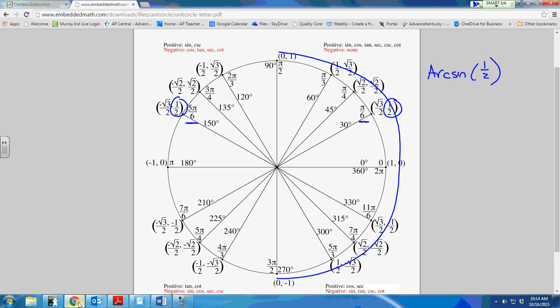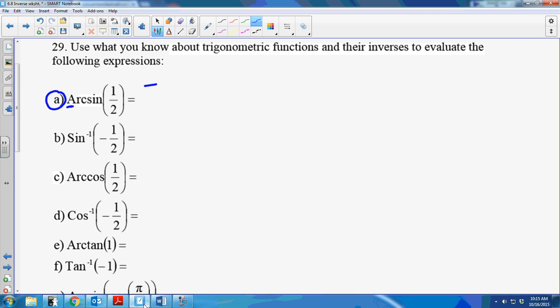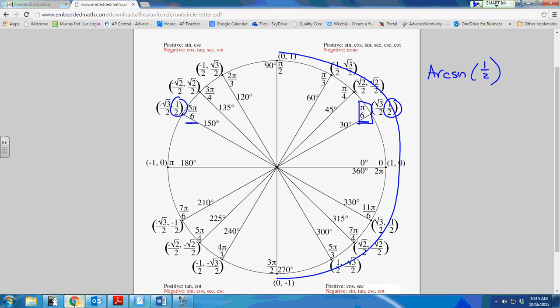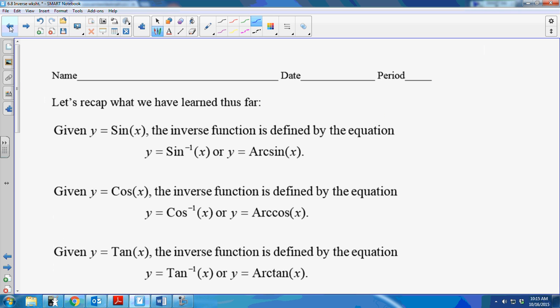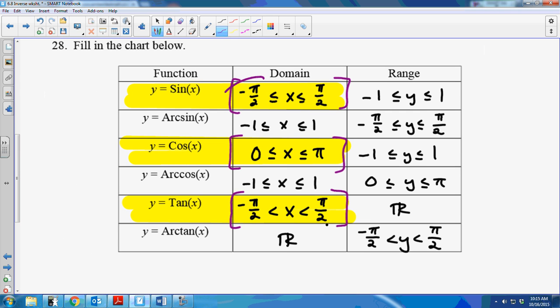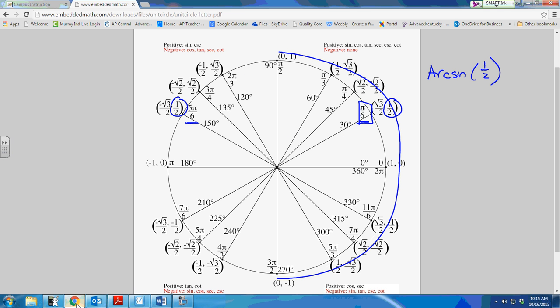All right? So the 5 pi over 6 isn't in the domain, so we can't use that one. So it's just pi over 6. Does that make sense? You're defining a specific piece of the unit circle. That's what all this table was yesterday, we can only use negative pi over 2 to pi over 2. Okay? Let's do another one.